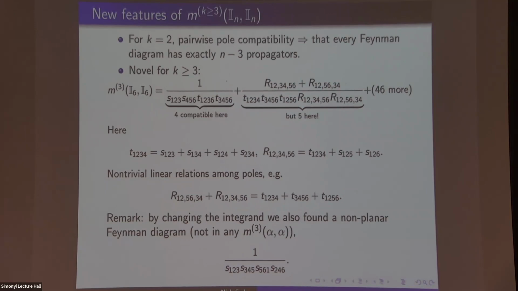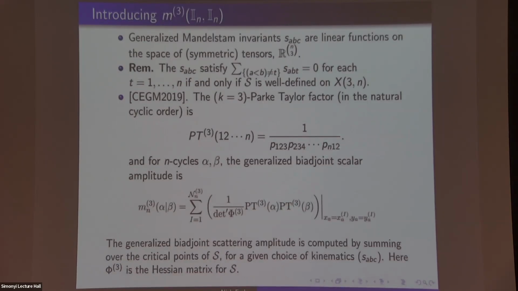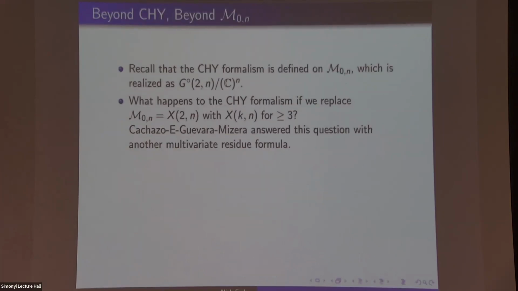Now we also noticed that there's a new kind of Feynman diagram which you do not see from this formula. Okay, so these are both products of cyclically consecutive minors. You would not get this contribution to the amplitude. The reason is that S246 is not cyclically consecutive. Okay, so that's the mystery that was presented to us, and we went about to explore the combinatorics.